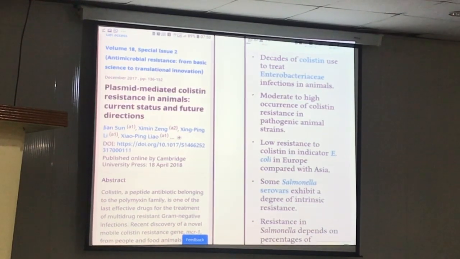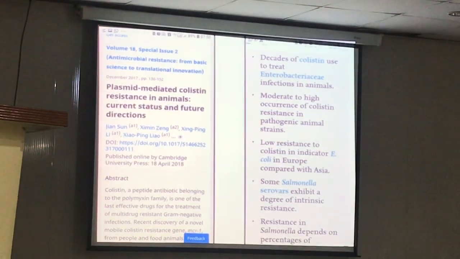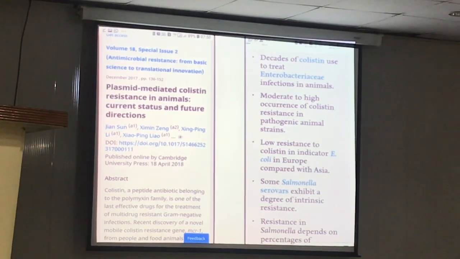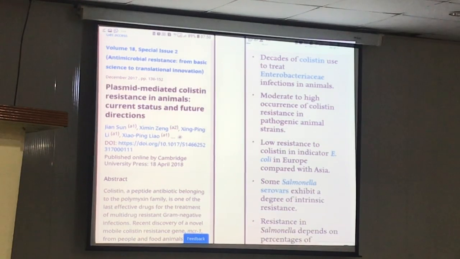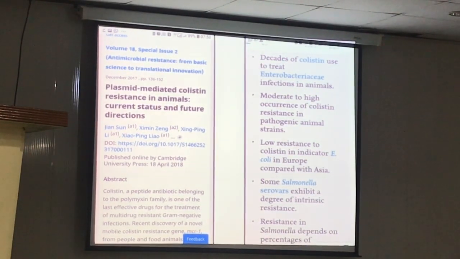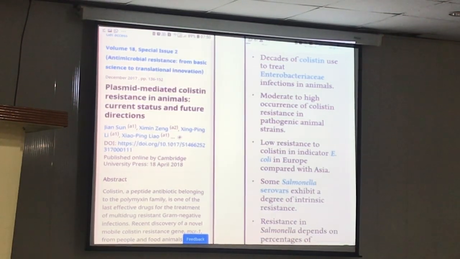Because of its use in the treatment of multi-drug resistant gram-negative infections, when we started using it in human health, we found that after a period of time, colistin resistance was also being noticed. Now, is it de novo resistance in humans, or is it resistance which is transmitted to humans from environmental sources or food sources? That is the question.